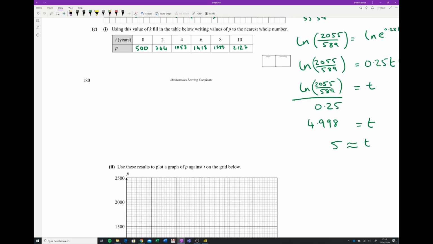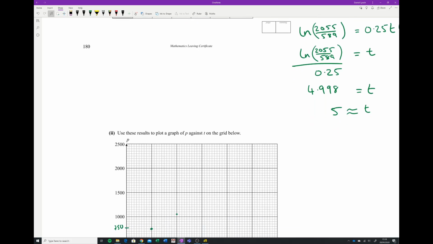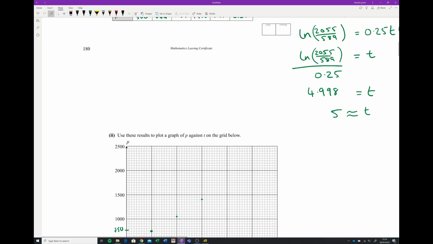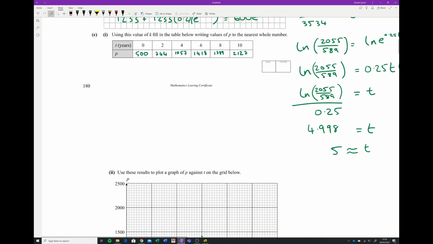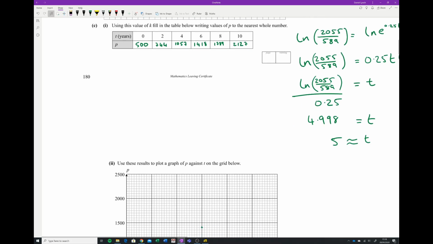I see here, we were meant to do that to a whole number. So that's that. For 6, it's 1418. That's around about there. For 8, it's 1789. Okay, so that's 1750, so it's just a bit above that. Line there, so around about here.